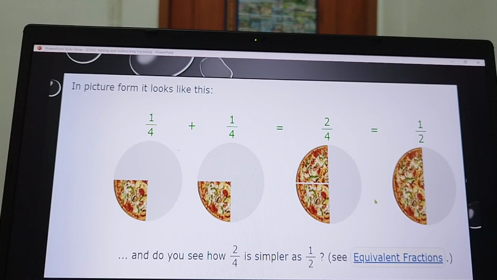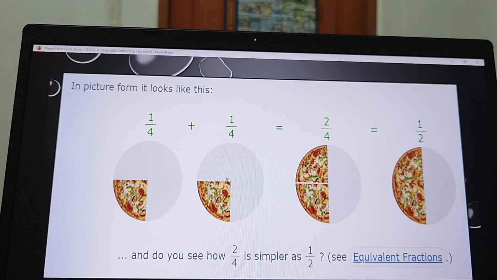By the way, this is what it looks like if it's a pizza example. In picture form, it looks like this. 1/4 of the pizza plus 1/4 equals 2/4 or 1/2. So 2/4 is simpler as 1/2.